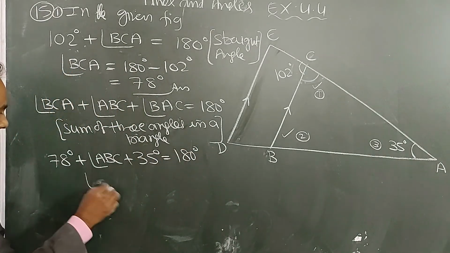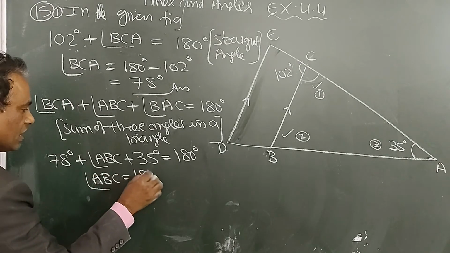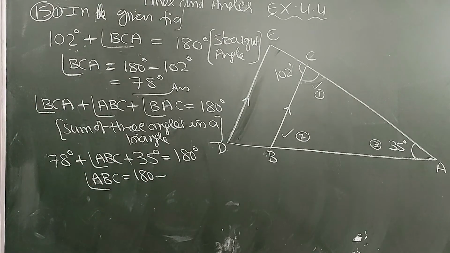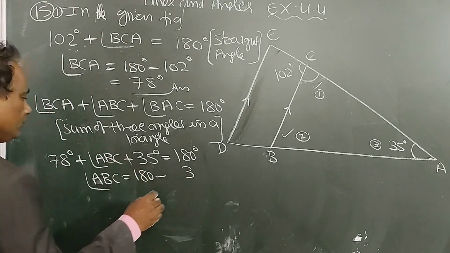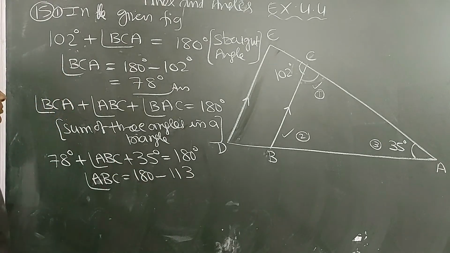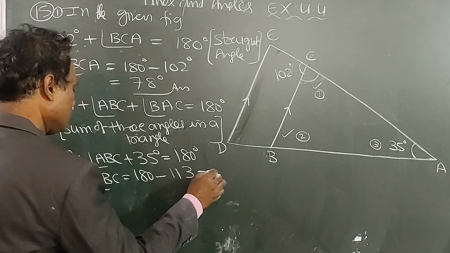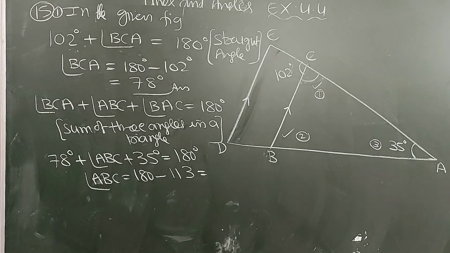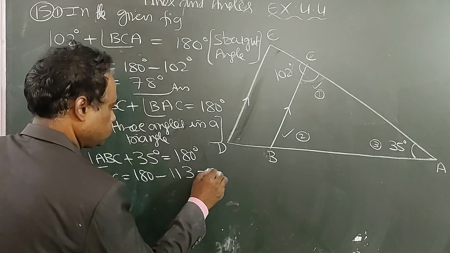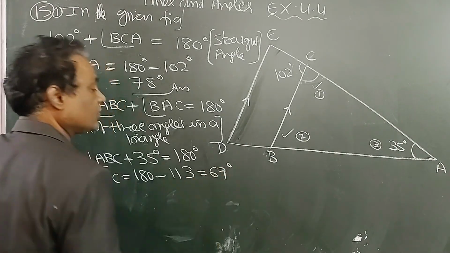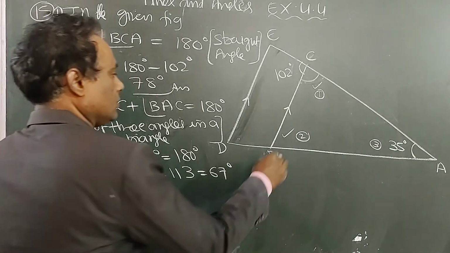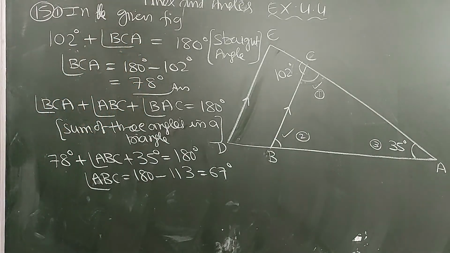Angle ABC is equal to 180 minus the sum of 35 and 78, which is 113, so 67. Angle B is 67.